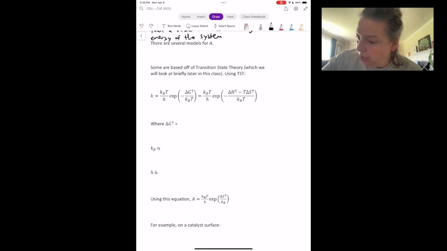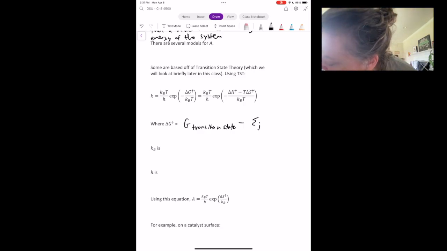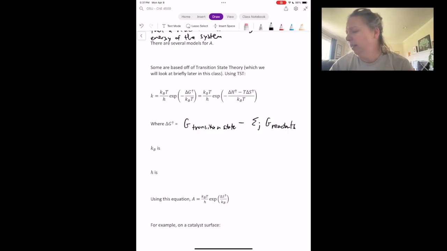This delta G term here is going to be the free energy of the transition state minus the free energy of the reactants. I've written a sum on reactants and no sum on transition state.